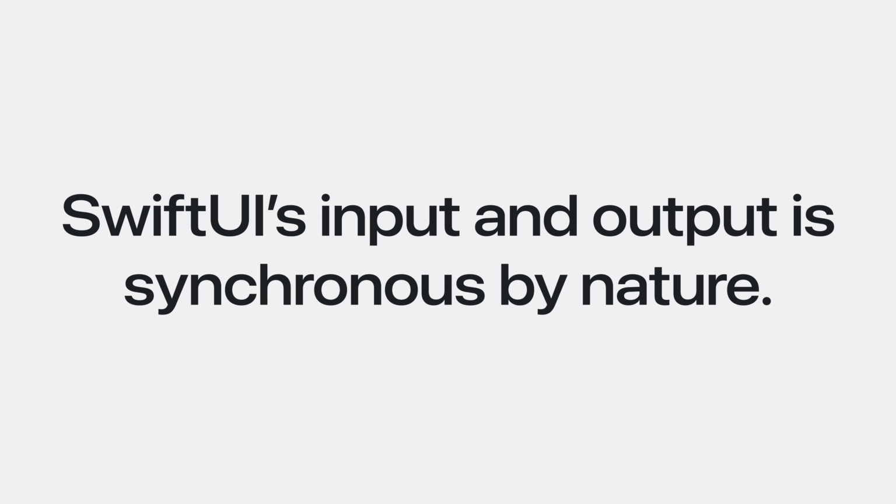Time-sensitive logic, like animation, requires SwiftUI's input and output to be synchronous. Synchronous mutations, observable properties, and synchronous callbacks are the most natural types of interaction with the framework. A great user experience doesn't have to involve a lot of custom concurrent logic. Synchronous code is a great starting point and endpoint for lots of apps.